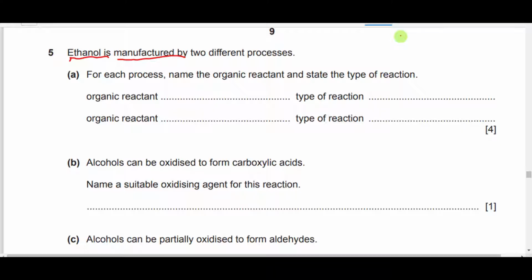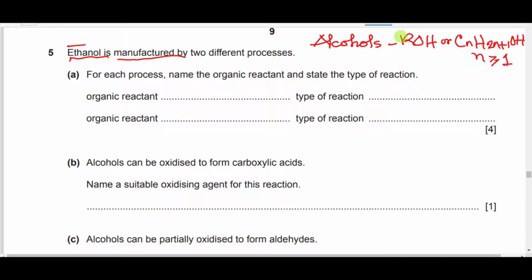First of all, let's look at ethanol. Ethanol is the most important member of the homologous series called alcohols, with the general molecular formula ROH or CnH2n+1OH, where n starts from 1, n is greater than or equal to 1. Now, ethanol: the prefix here is et, that's 2 carbon atoms.